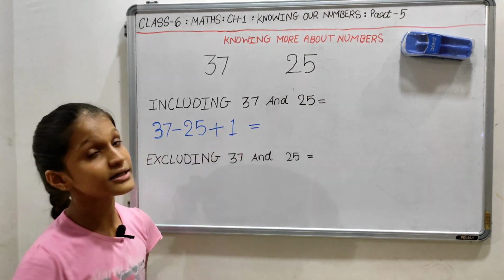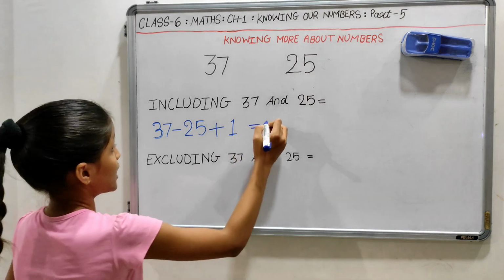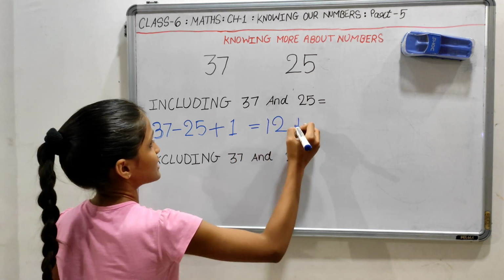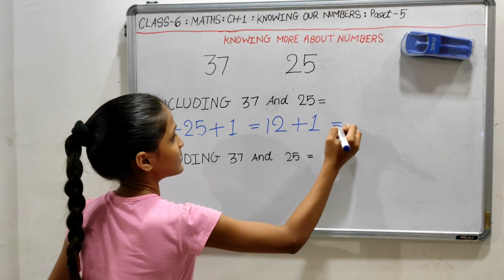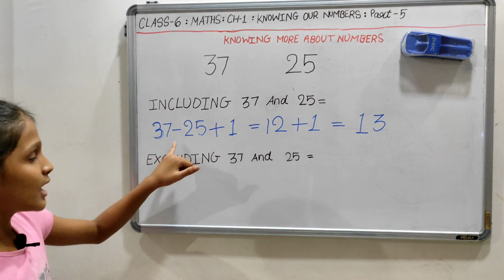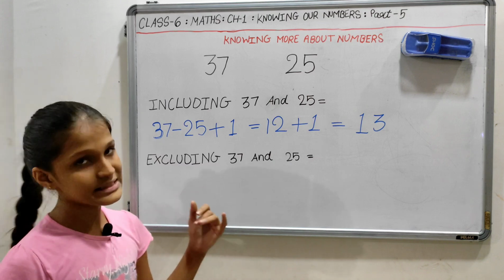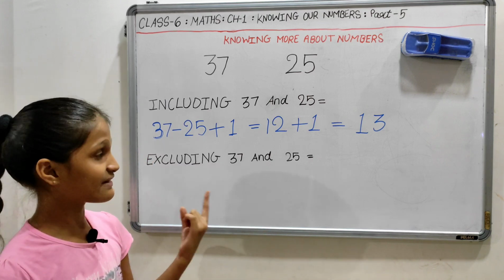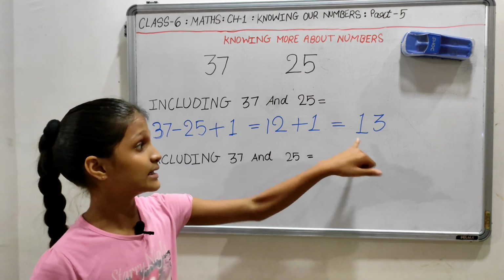We get 12 plus 1 equals 13. So the number of numbers between 37 and 25, including 37 and 25, is 13.